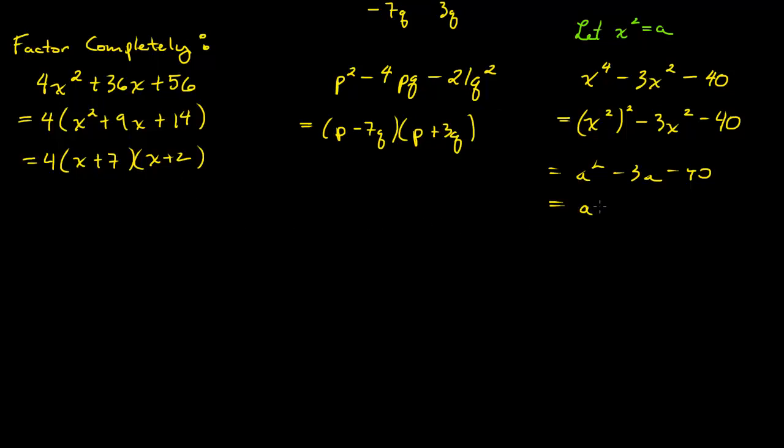So this factors to (a minus 8) times (a plus 5). My original expression wasn't in terms of a, and I want my factored expression in terms of x, so I substitute x squared back in for a, and I get (x squared minus 8) times (x squared plus 5).